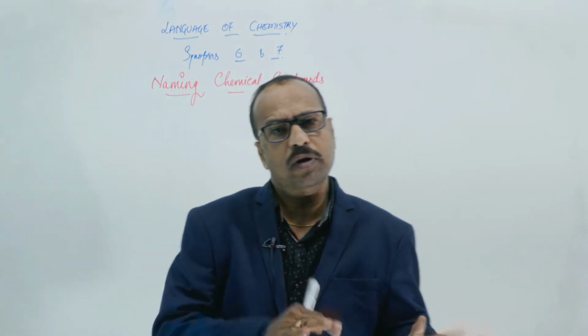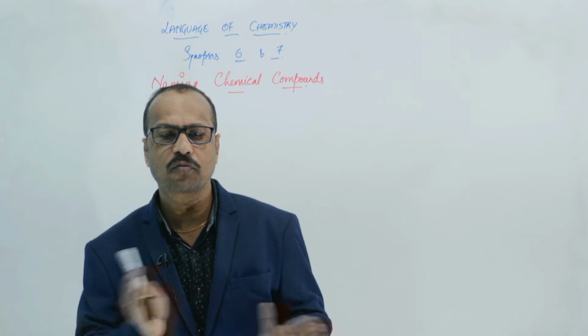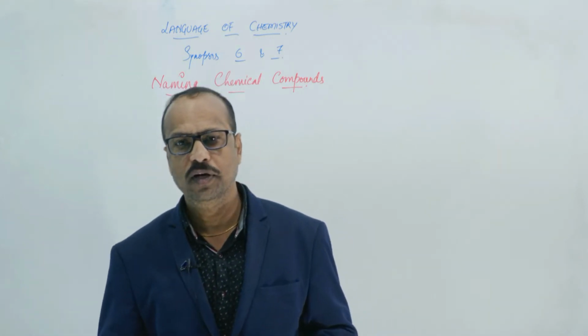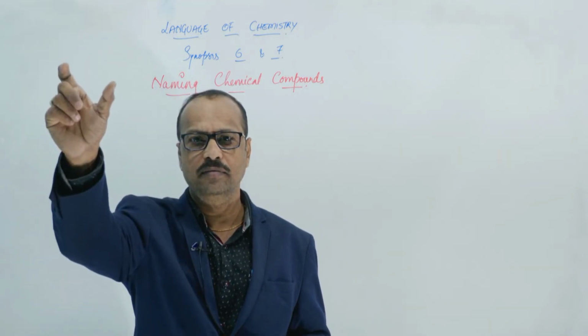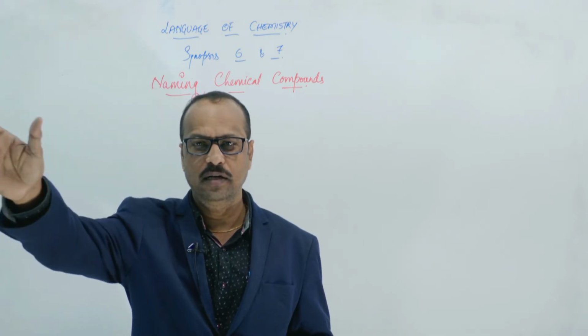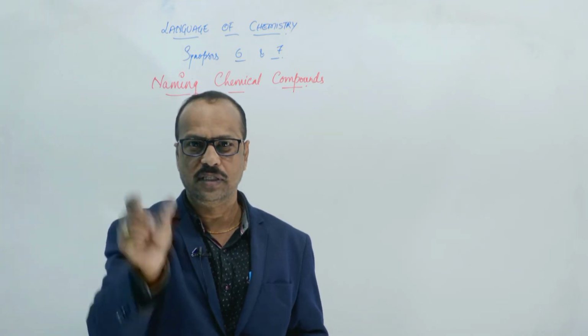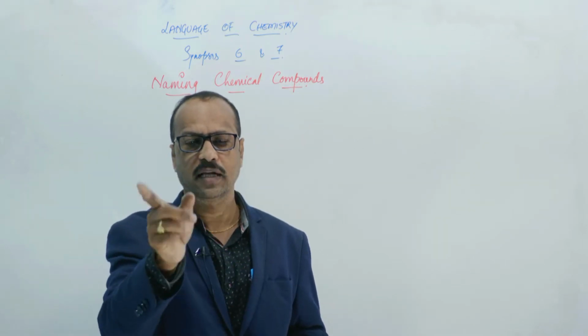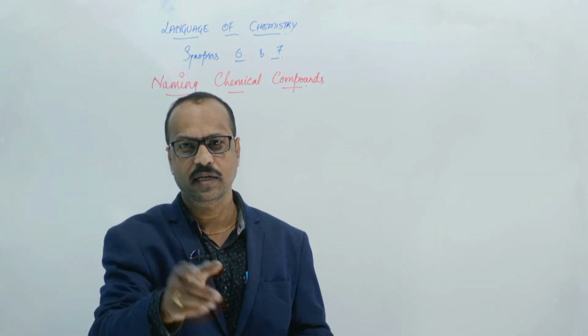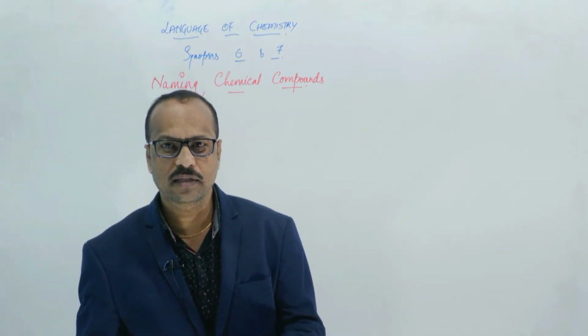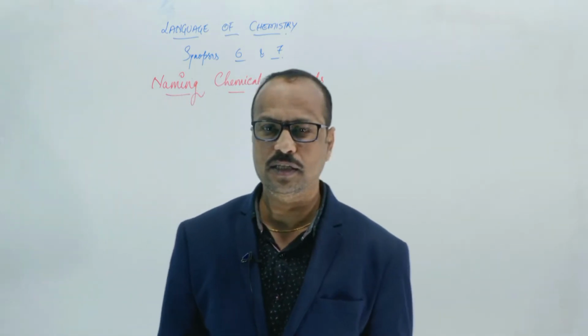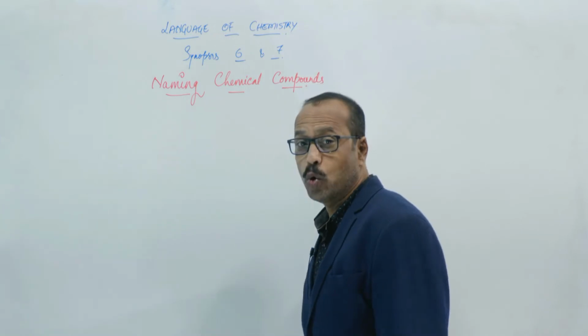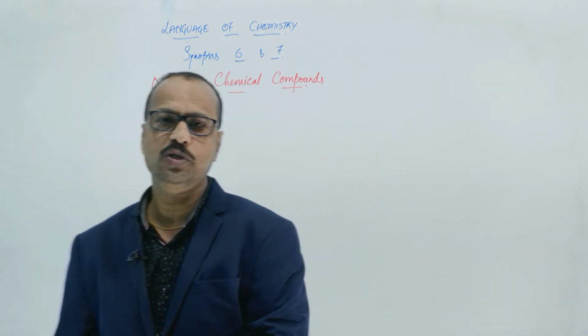Now see here, naming chemical compounds. Writing the formula is very easy. We take the element, for example calcium oxide. We take calcium, Ca, and oxide, oxygen, write their valencies and crisscross. That is the way of writing the formula. Writing the formula is very easy. But naming the chemical compound means what?